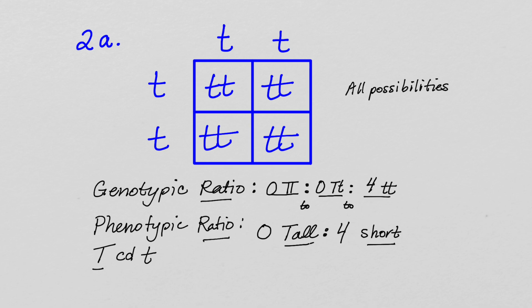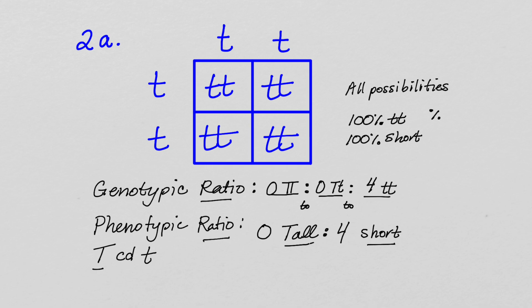Now, if this question would have asked about, say, percentages, that is where you could have said, we're going to end up with 100% of our offspring that are homozygous recessive genotypes, or 100% of our offspring are going to end up being short. So that's how you report percentages.